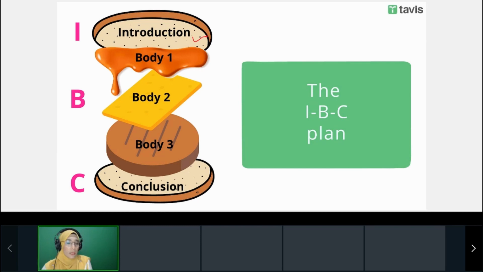If you don't like to put any sauce, and you like to keep it plain, dry if you want, this is considered your salad maybe. So you have your salad, your cheese, and your patty, and then another piece of bread to finish your burger.